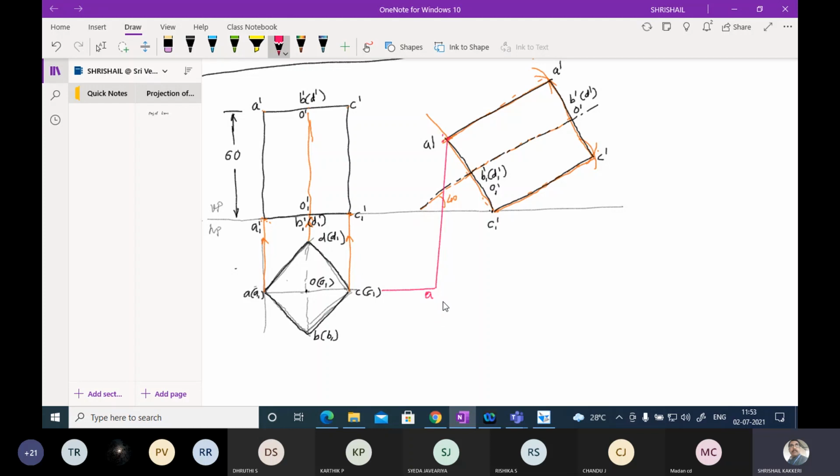And similarly, I am going to write a line from point B. Similarly, from B also here. We'll be meeting at this point, and that will become point B.